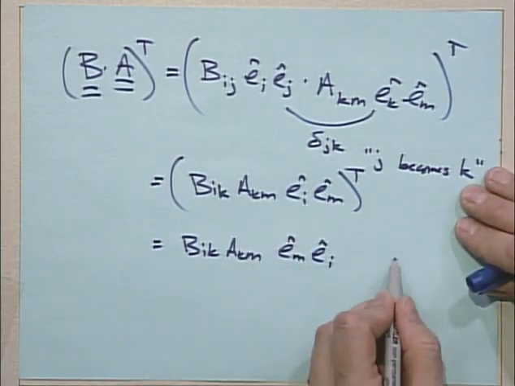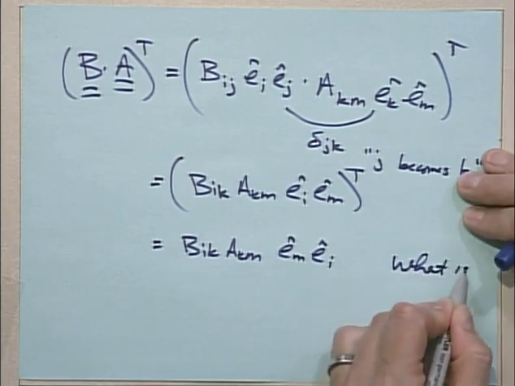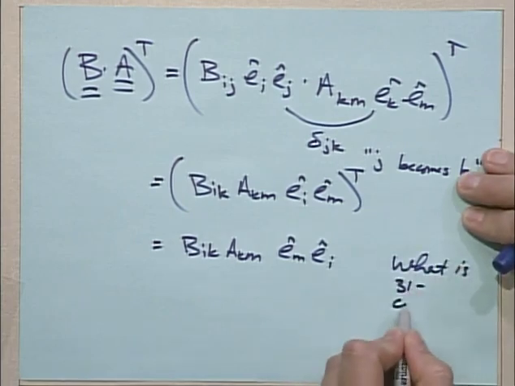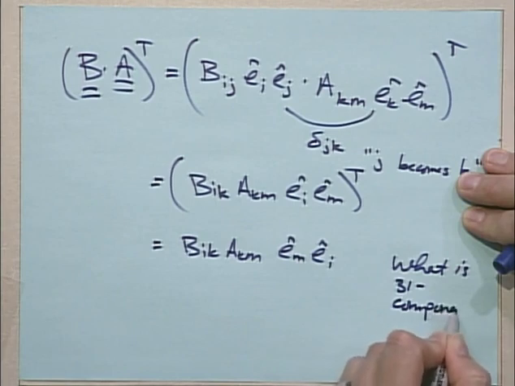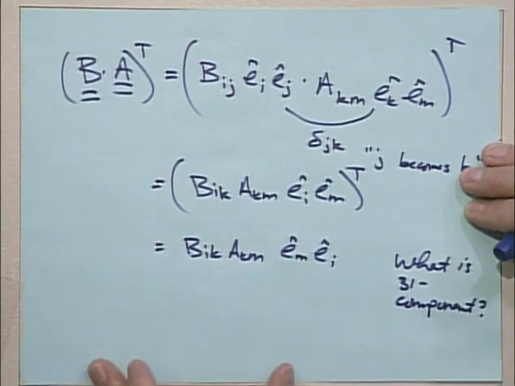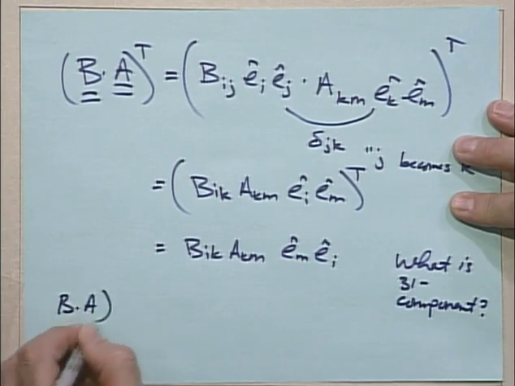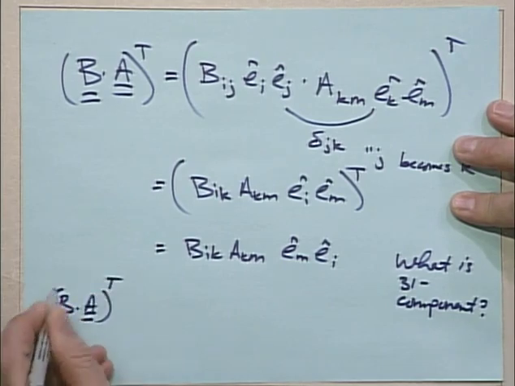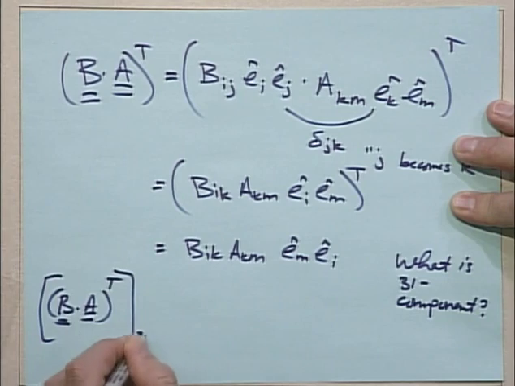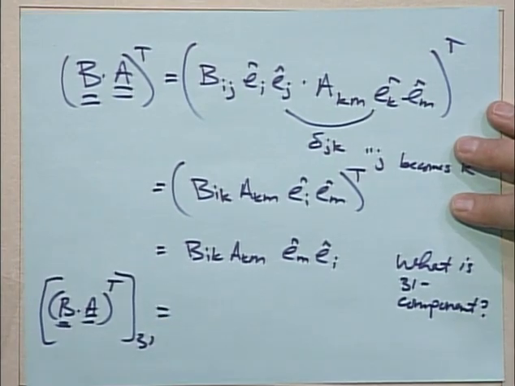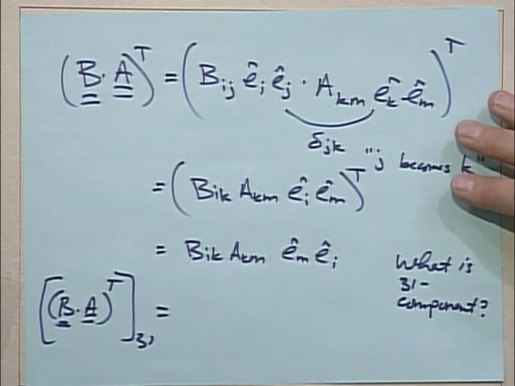And the question is, what is the 3-1 component? That's my notation for the 3-1 component. So what's the 3-1 component?